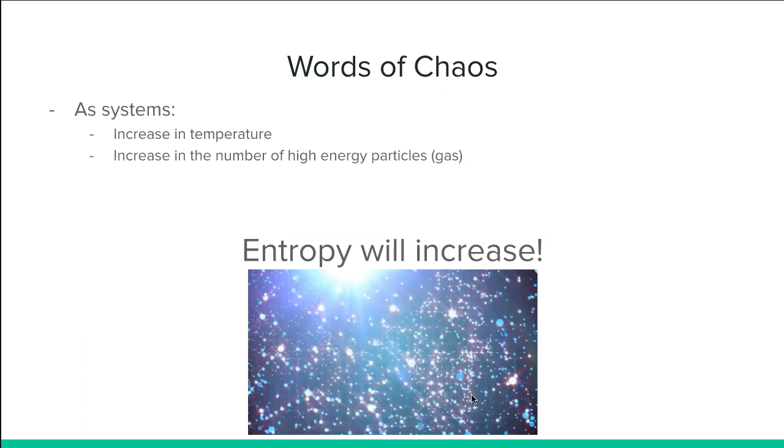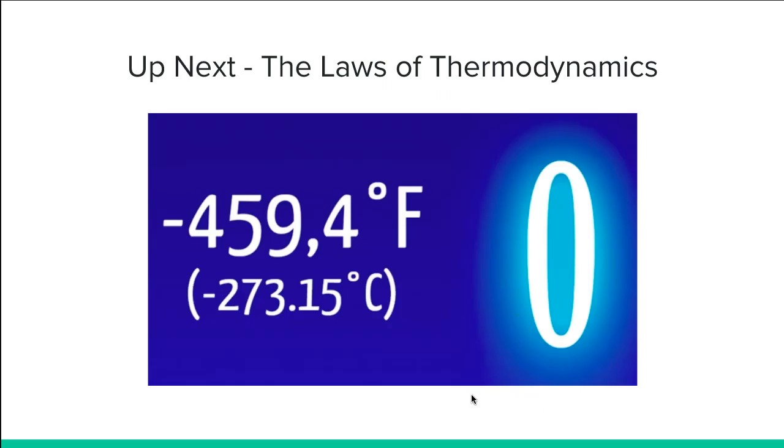Because the more ordered liquid water particles are now receiving more kinetic energy from the temperature increase. They're becoming more random and chaotic. They're spreading out more, and therefore we have more disorder. The entropy has increased.